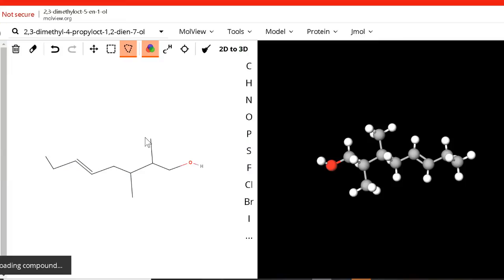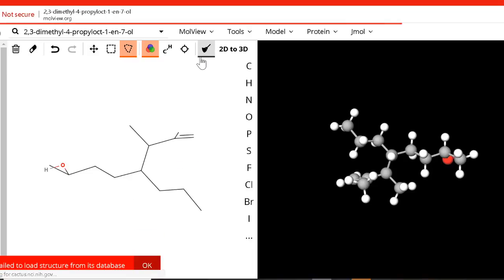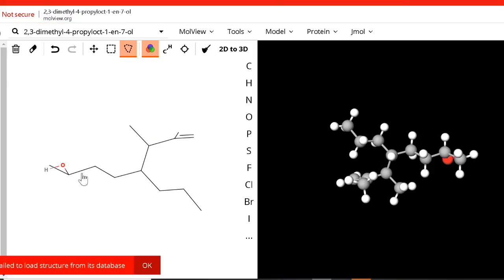Holy crap. And if I did my naming right, oh, I screwed something up. Okay, well, let's just make that 1-ene. Oh, because I couldn't do a 1,2-diene because it's got 2 methyl on it. I made something impossible. But this it'll do. Bam. Wow. And there it is.